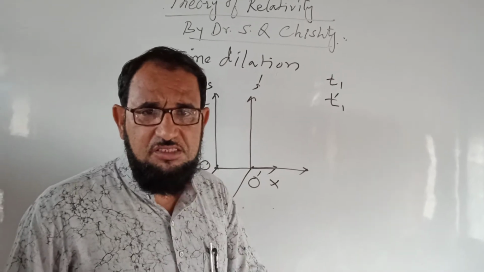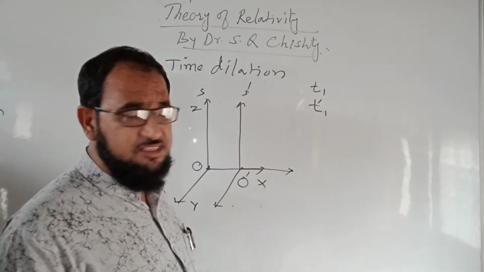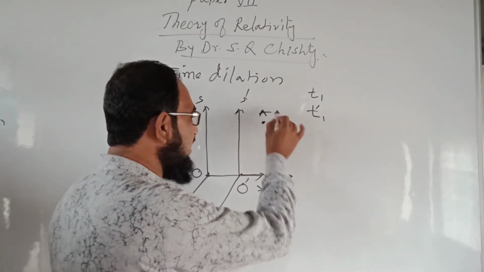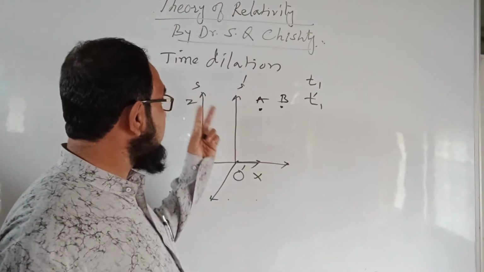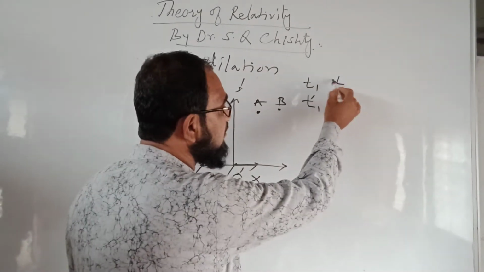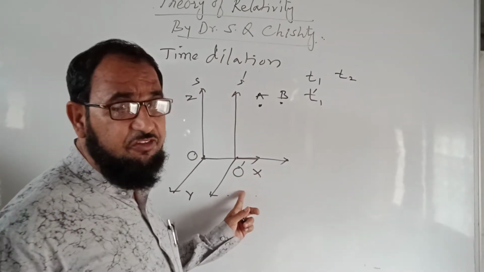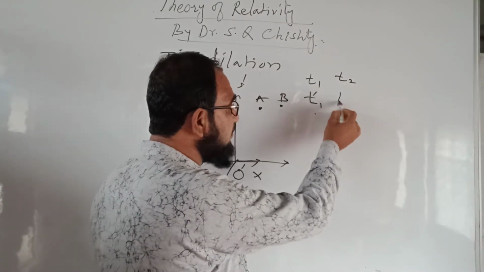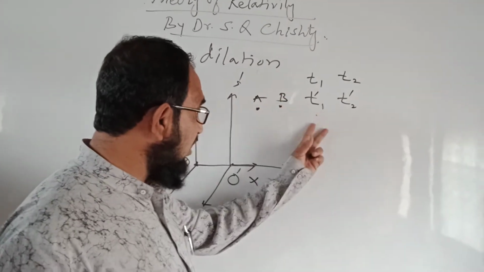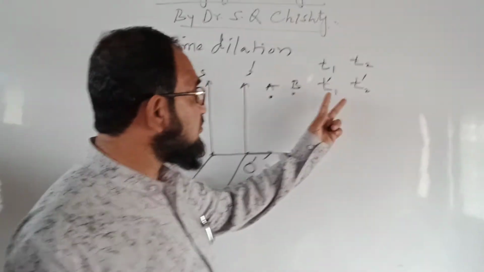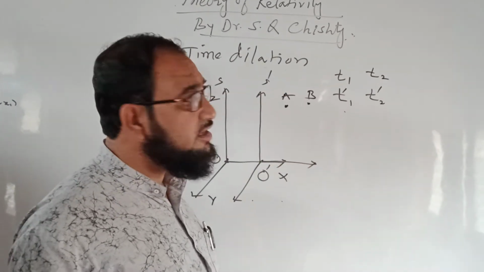Suppose there are two events occurring in these two frames of reference, event A and event B. The times measured by the first observer are T1 and T2, while the observer in the second frame of reference will observe the times T1 dash and T2 dash.